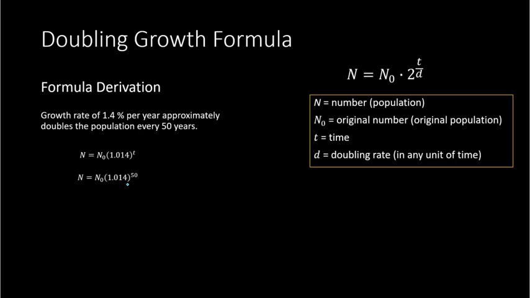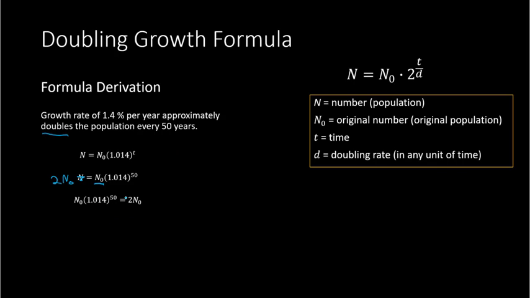So what we want is for the population to double. It says the population will double. So meaning this original amount, the N sub o, we're going to double that. So this N becomes double, 2 times N sub o. If we want, we can rearrange this and put the right side on the left.